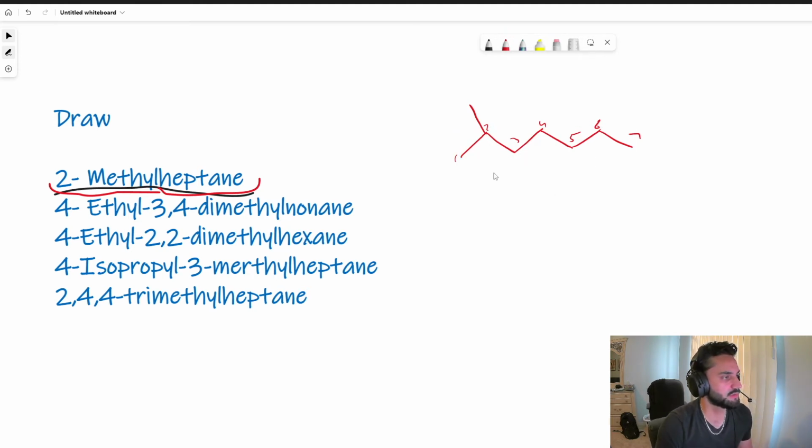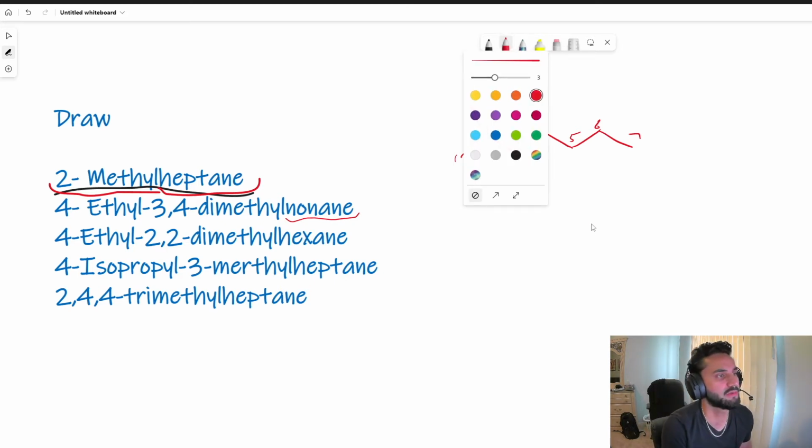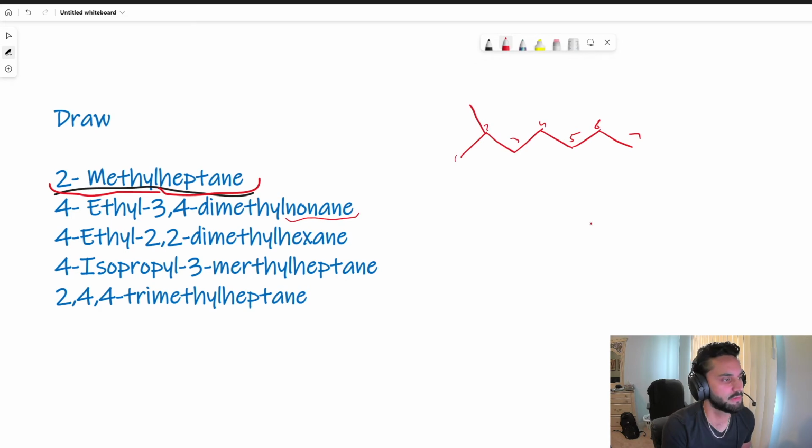Let's do the next one. 4-ethyl-3,4-dimethylnonane. So again, the parent chain is the nonane, which stands for a 9 carbon chain. So let's draw that here. 1, 2, 3, 4, 5, 6, 7, 8, and 9.